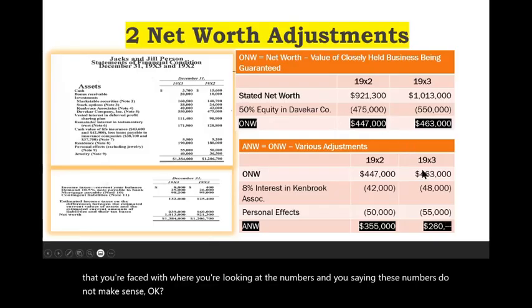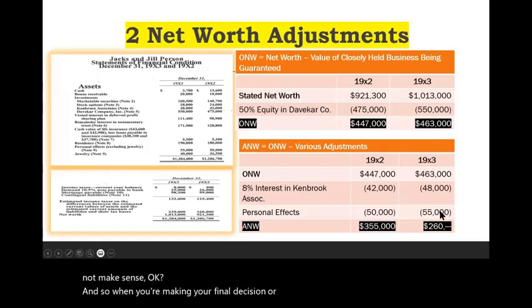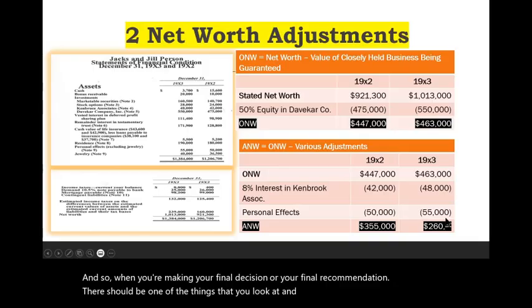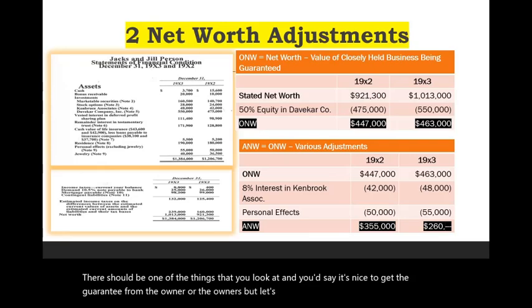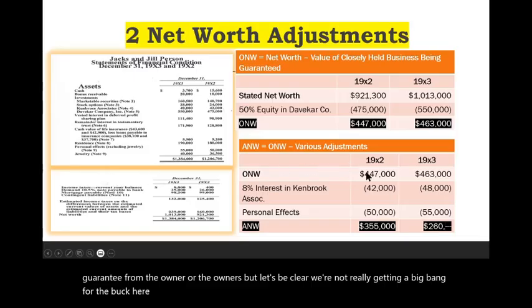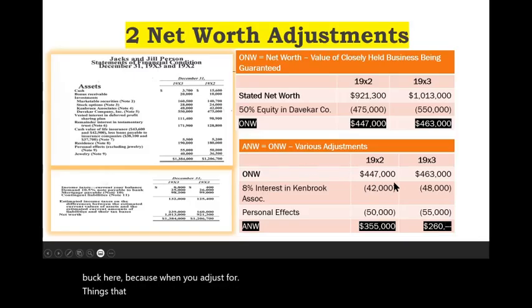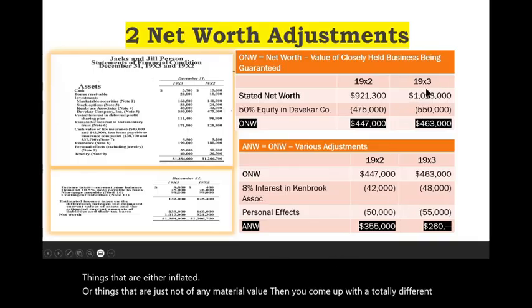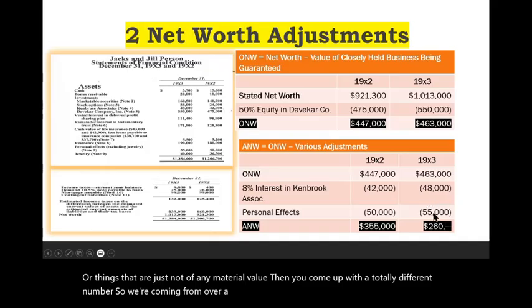And so when you're making your final decision or your final recommendation, this would be one of the things that you look at and you say, you know, it's nice to get the guarantee from the owner or the owners, but let's be clear, we're not really getting a big bang for the buck here, because when you adjust for things that are either inflated or things that are just not of any material value, then you come up with a totally different number. So we're coming from over $1 million all the way down to $360,000 or $366,000.